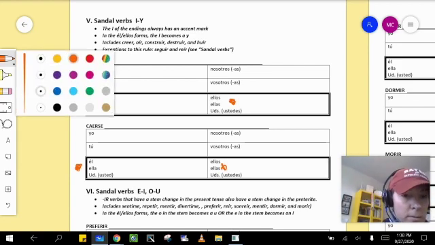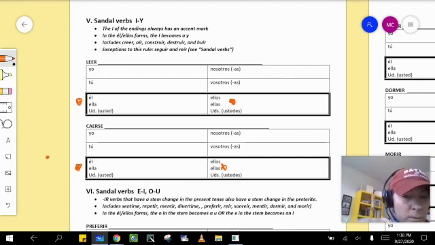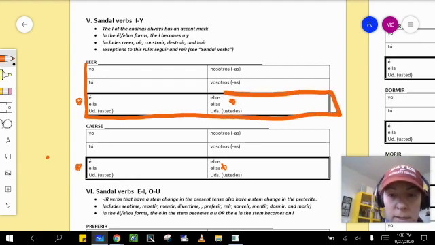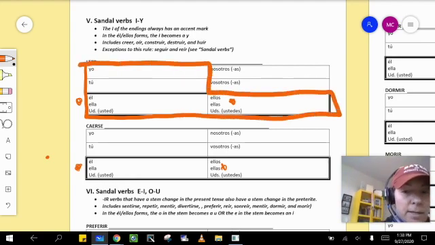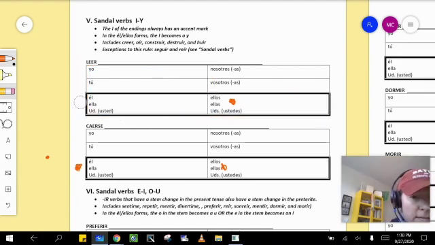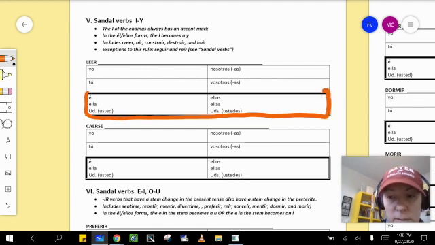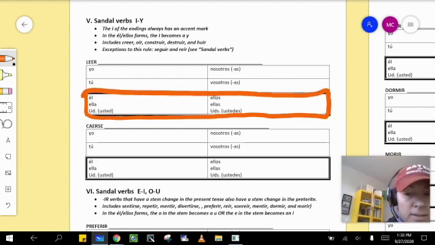The difference between boot verbs and these guys is that the change is not going to be happening in the forms inside the boot. Instead, the change is going to be happening inside what I'm going to refer to as the sandal. It's just these two forms. So we're going to pretend this is a sandal.